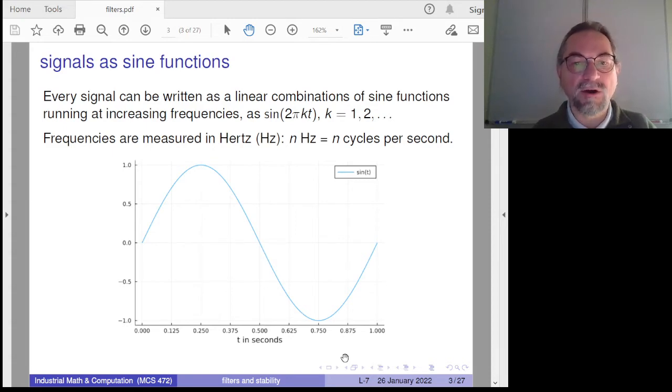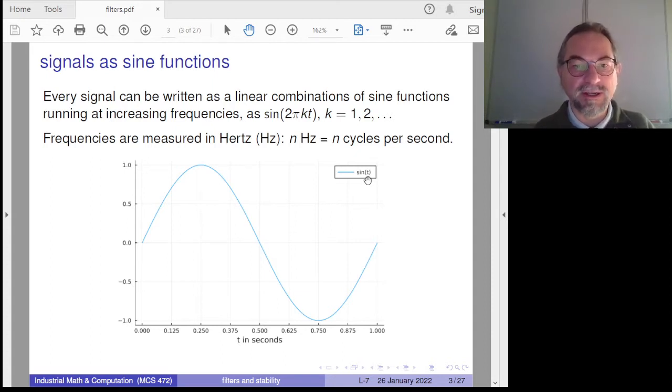It's the sine of 2 times pi times t. So the legend, the label here, and it's unfortunate, so this is already my first slide that I have to correct. So it's the sine of 2 times pi times t.